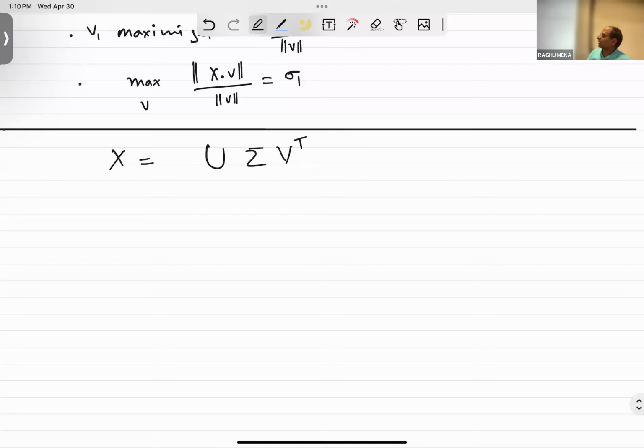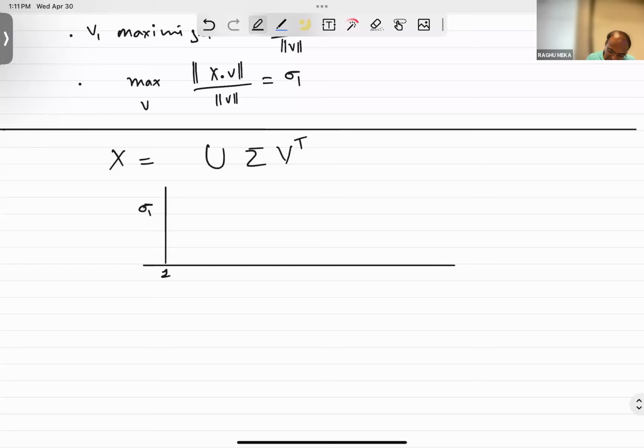Suppose I look at whatever this factorization is. I can plot its singular values. I'm just drawing a bar chart of the singular values. Maybe the first one is sigma 1, think of it as 1.